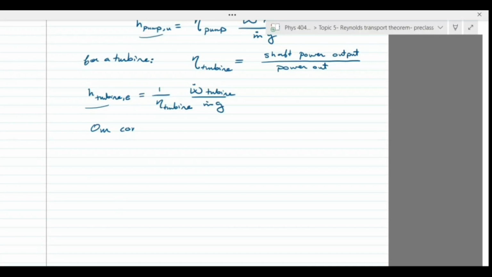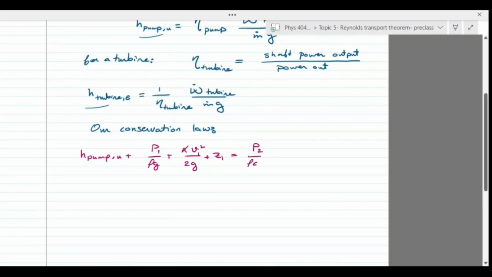So now our conservation law becomes H pump U plus P1 over rho g plus alpha V1 squared over 2g plus Z1 equals P2 over rho g plus alpha V2 squared over 2g plus Z2 plus HL plus H of a turbine that I can have in my fluid.